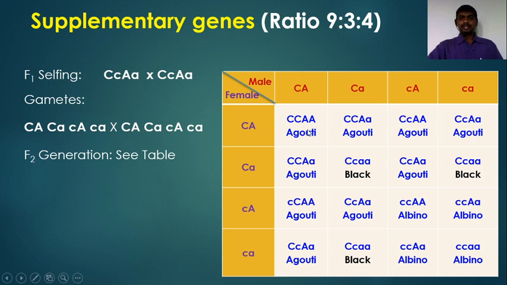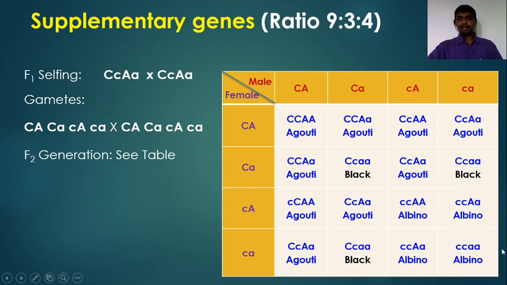So here, those genotypes where both the alleles are dominant, or even if it is a single allele, if it is dominant, it produces the agouti color. Here also agouti, here also agouti. Here we can see that this capital C, capital A is why it is agouti. Here is only one capital C, here also only one capital C, here also only one capital C, but this A in all these three genotypes is recessive, because of which the coat color is black.